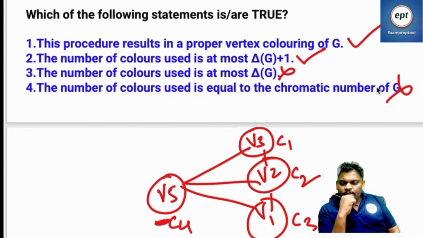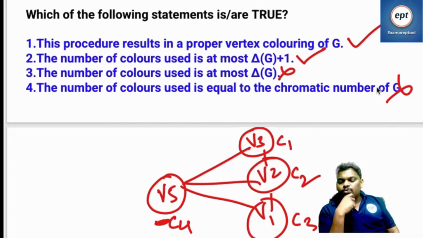This procedure results in proper vertex coloring of G. The number of colors used is at most delta G plus 1. The number of colors used is at most delta G: no, if it is a complete graph, it is delta G plus 1.